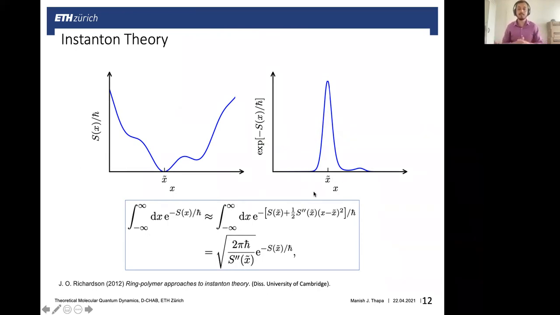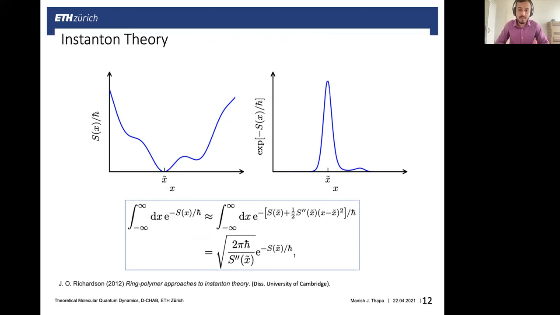What instanton theory does is make a Gaussian approximation to your function, because you can write the exact formula in path integral notation, expand S in a Taylor series around x tilde, and this becomes basically a Gaussian integral over your position. This is how you obtain instanton theory.